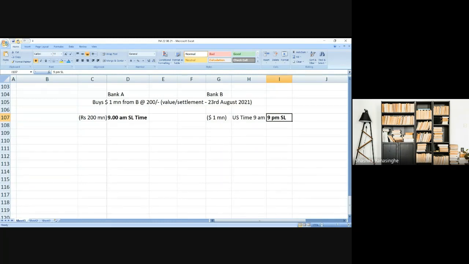Now, in the morning, by any chance, if A did not give the rupees to B, then B has about 12 hours to cancel the payment to A, right? So the risk of B in this case is less because they are getting the rupees before they give the dollars. But after A gives the rupees to B, A's liability ends, right?